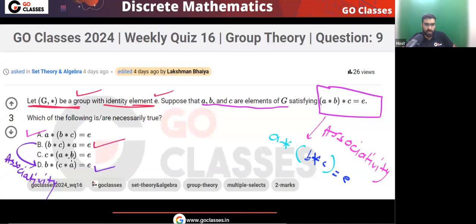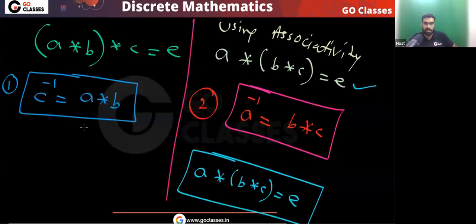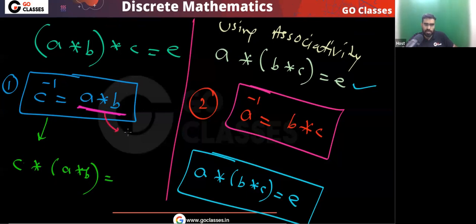What about this next one? C inverse you already know. If you know C inverse, then what will be C star A star B? Remember, C inverse is A star B. Let's call it Y. C inverse is Y. Then what will be CY?